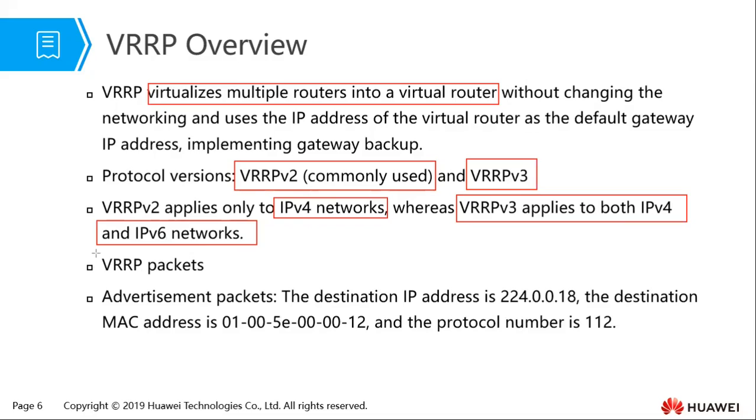Now, VRRP, just like many other protocols, uses packets. So we have advertisement packets that are sent by VRRP, and they're normally sent to the multicast destination address 224.0.0.18. Now, as we know, we also need a multicast MAC address, which is usually created by VRRP.